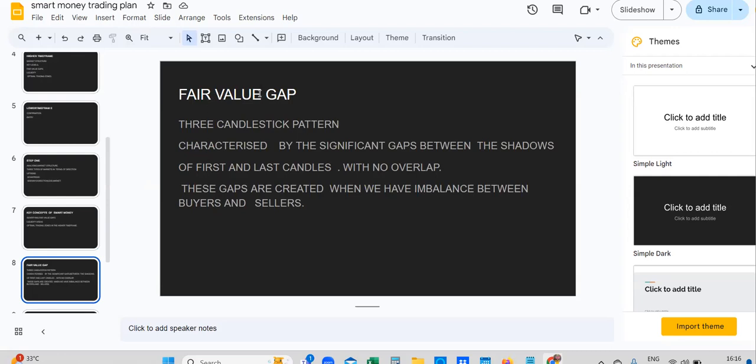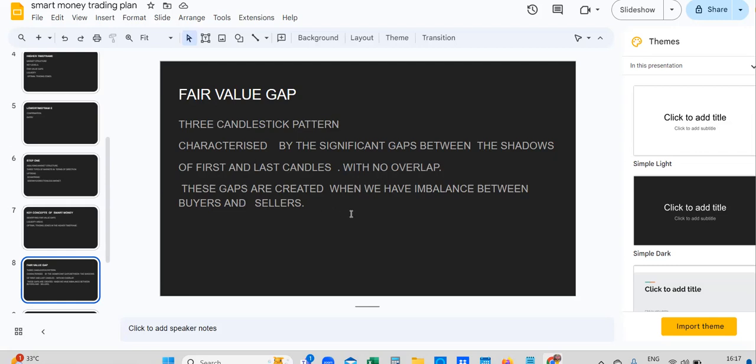Okay. Fair value gaps. What are fair value gaps? It is in terms of 3 candlestick patterns, characterized by a significant gap between the shadows of the first and the last candles. I'll draw it on the chart and show it to you, where there will be no overlap.